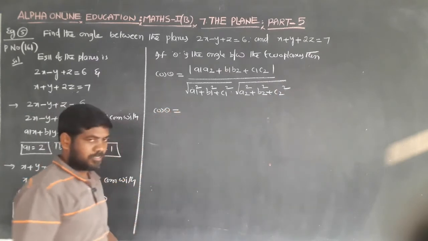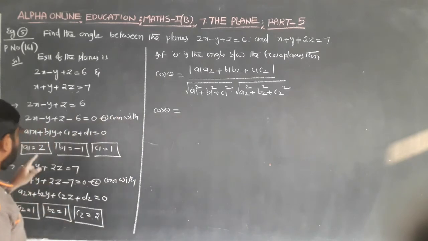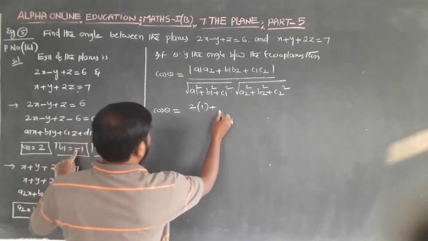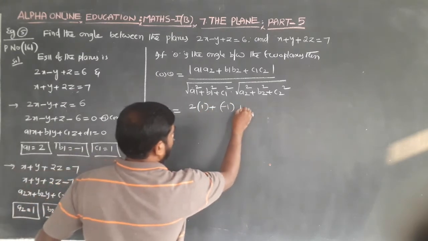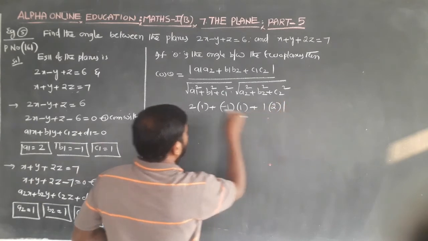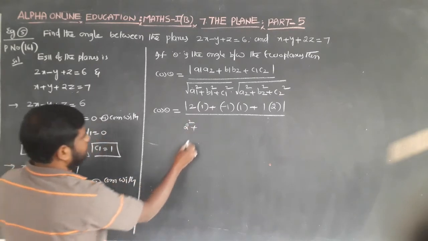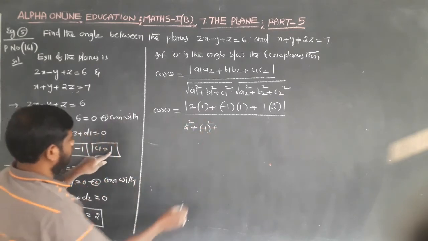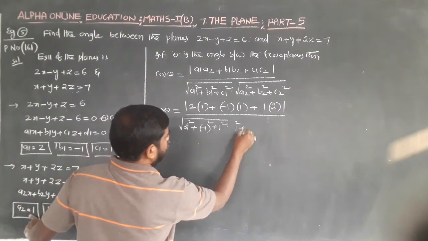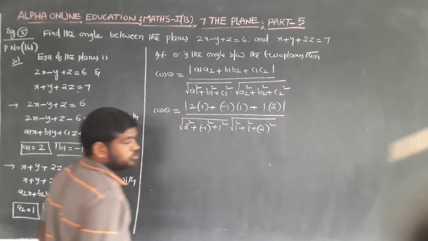Cos theta equal to, substitute a1 b1 c1 and a2 b2 c2 values and simplifying: a1 2, a2 1, plus b1 minus 1, b2 1, plus c1 1, c2 2, whole divided by a1 square 2 square plus b1 square minus 1 square, c1 square 1 square, a2 square 1 square, b2 square 1 square, c2 square 2 square.